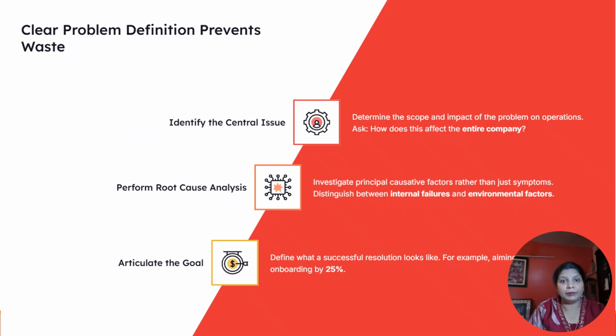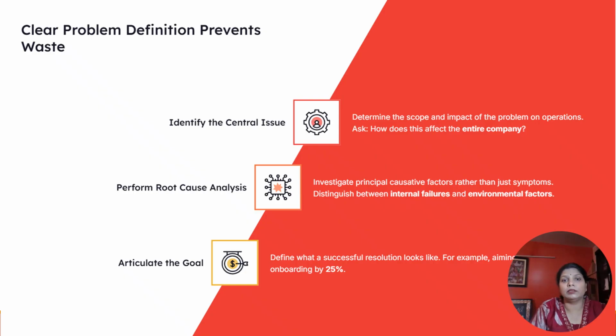So the first step is to identify the central issue. This means clearly determining the scope and impact of the problem on the operation. A useful question to ask here is, how does this issue affect the entire company rather than just one department or process? The second step is to perform root cause analysis.